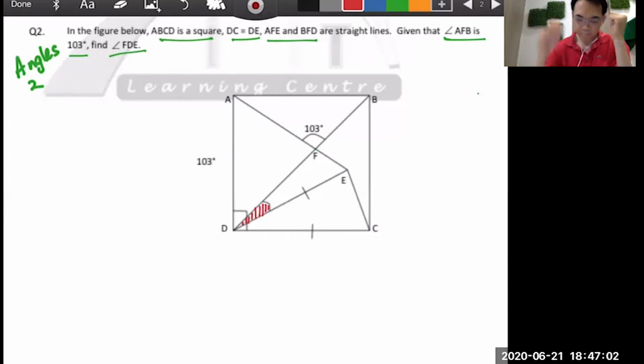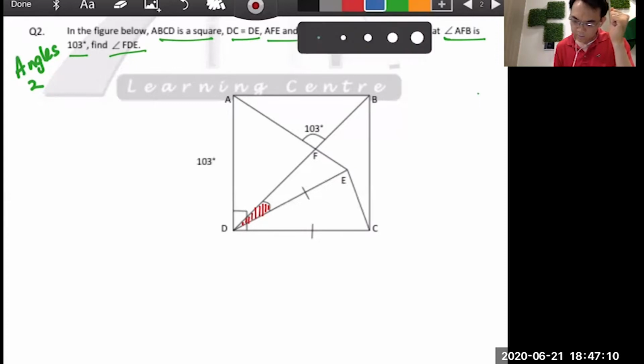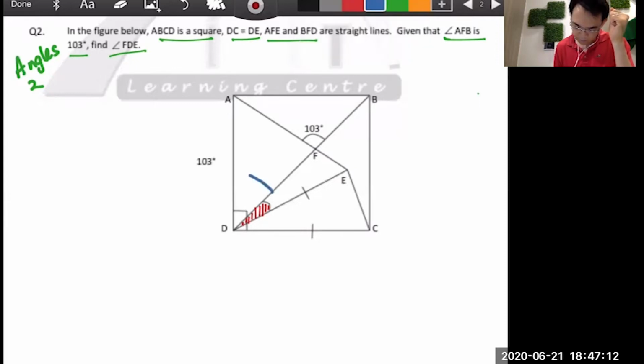So don't just write numbers, write the angle you're finding. Okay, let's begin. First, angle. The first angle I'm going to find is the angle over here. This angle can be found because it is the corner of the square, and this is a straight line as given earlier, which means that this angle is half of the right angle over here.